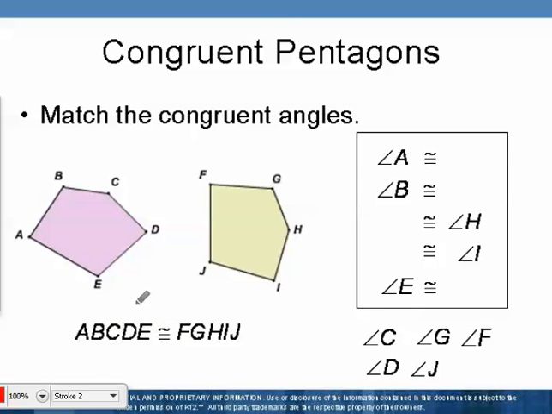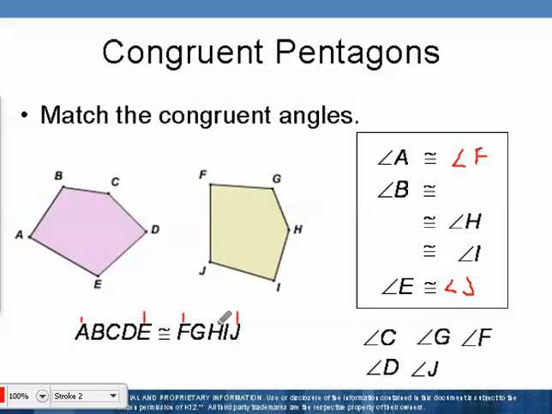So I just told you this. What does angle A relate to? It relates to angle F. How do I know that? Well, I know that because in the name, A is here and F is here. They're both the first ones in the name. So where does angle E fit? Angle E is the fifth one in that name, and angle J is the fifth one in this name, so this one would be angle J. How about angle H?